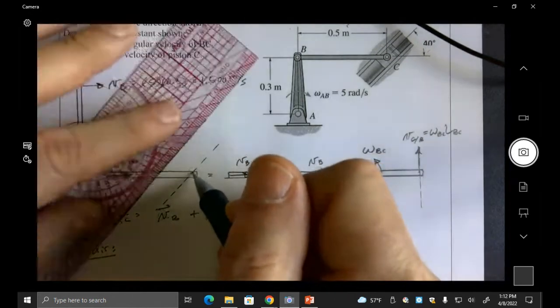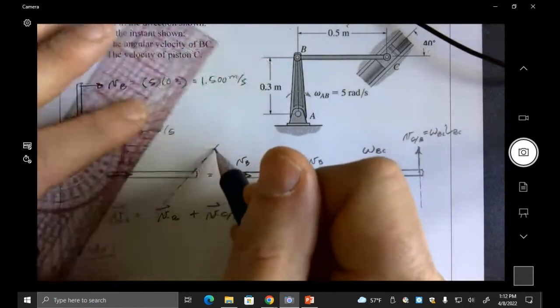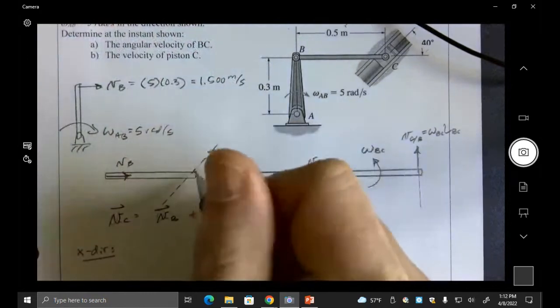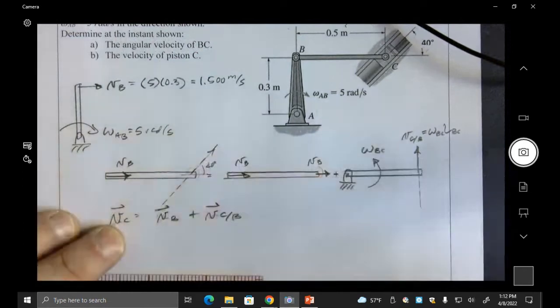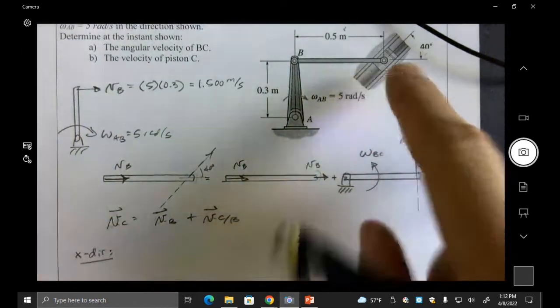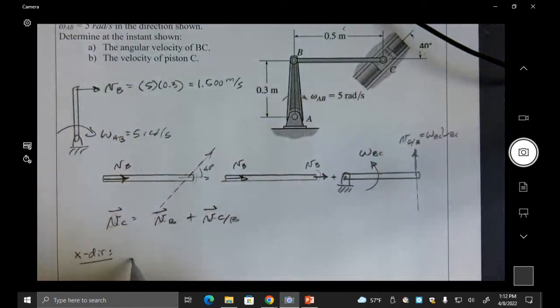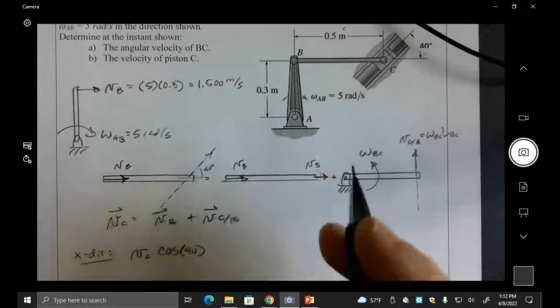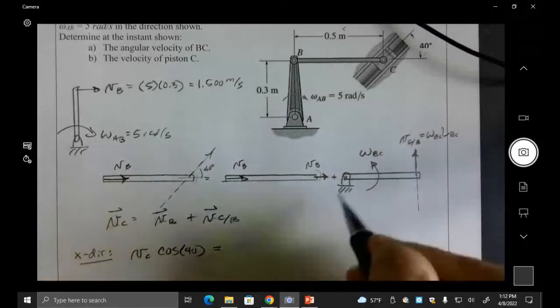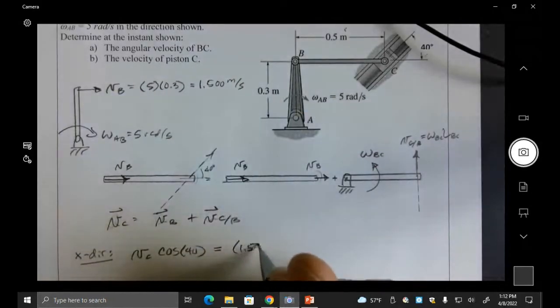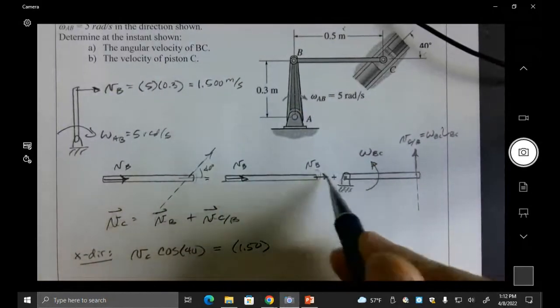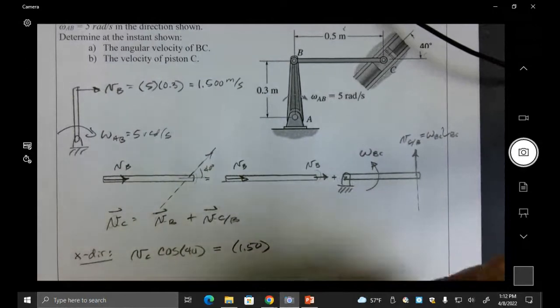So I'll just assume the positive again right there. We'll just write it as if it's positive. So that's going to be that 40 degrees right there, right? So we'll say that VC times the cosine of 40 degrees, it's positive as we drew it, is going to be equal to VB, which is 1.5, and nothing, right?